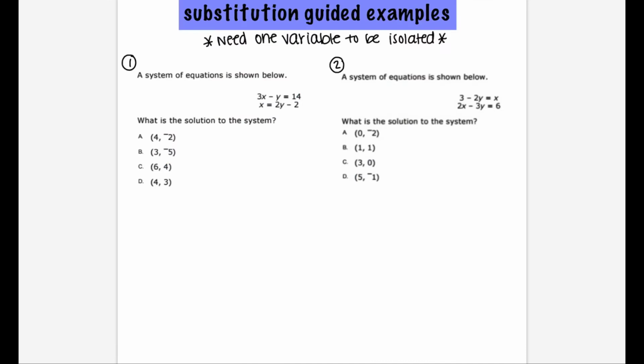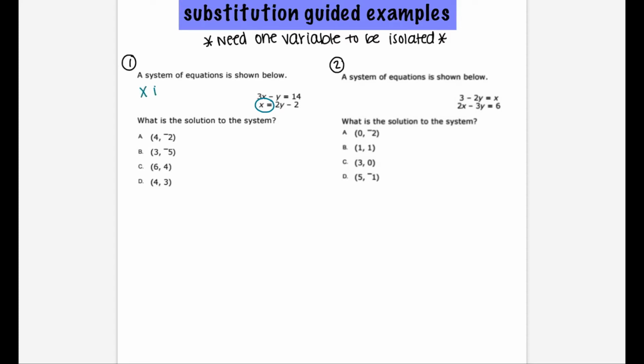And now we're going to do some guided examples using the substitution method. Remember that we always need one variable to be isolated. For a variable to be isolated just means that it's on one side of the equation by itself. So for number 1, in this system, we have one variable isolated already.